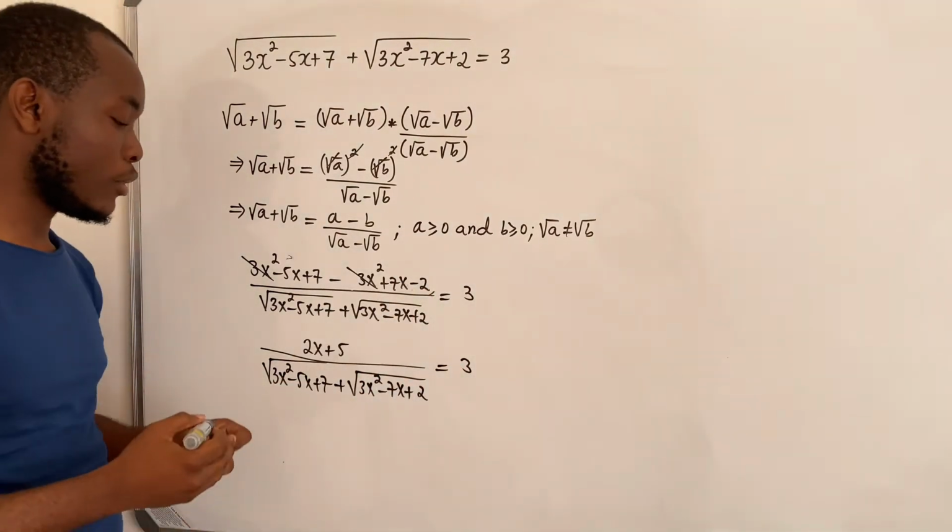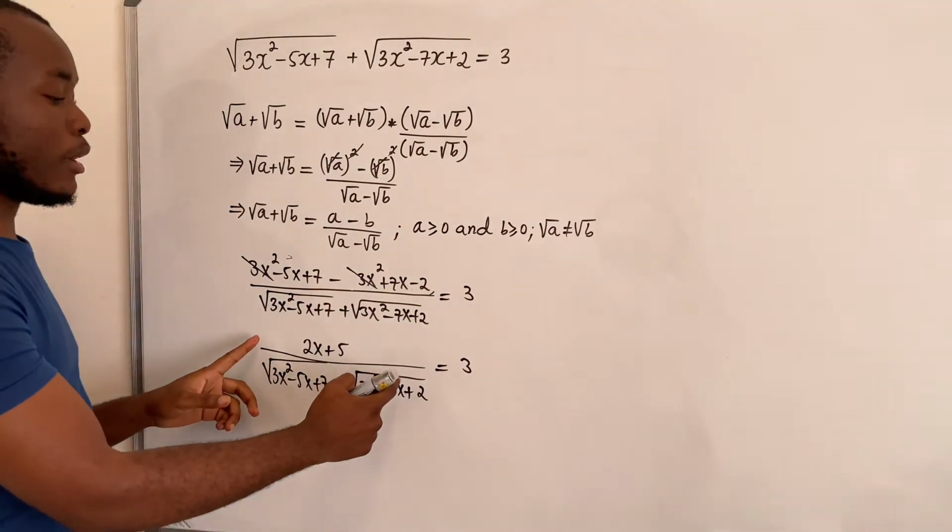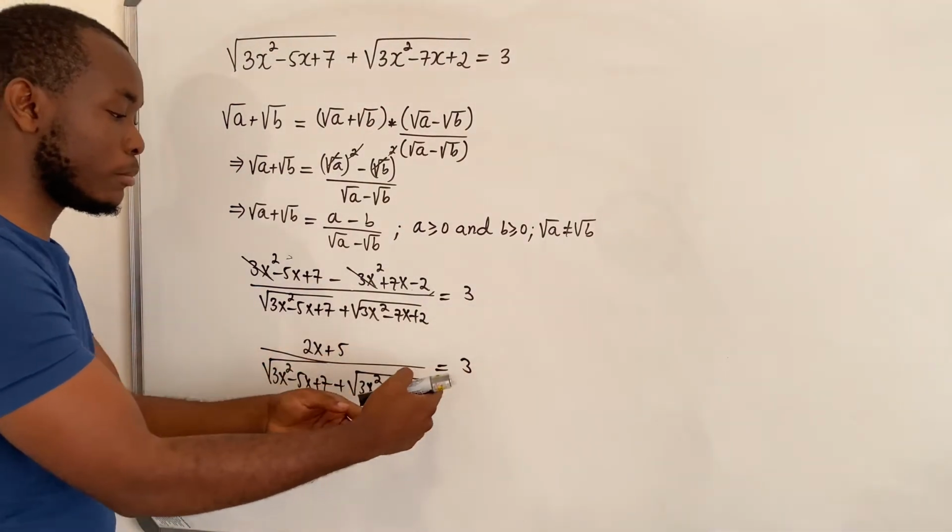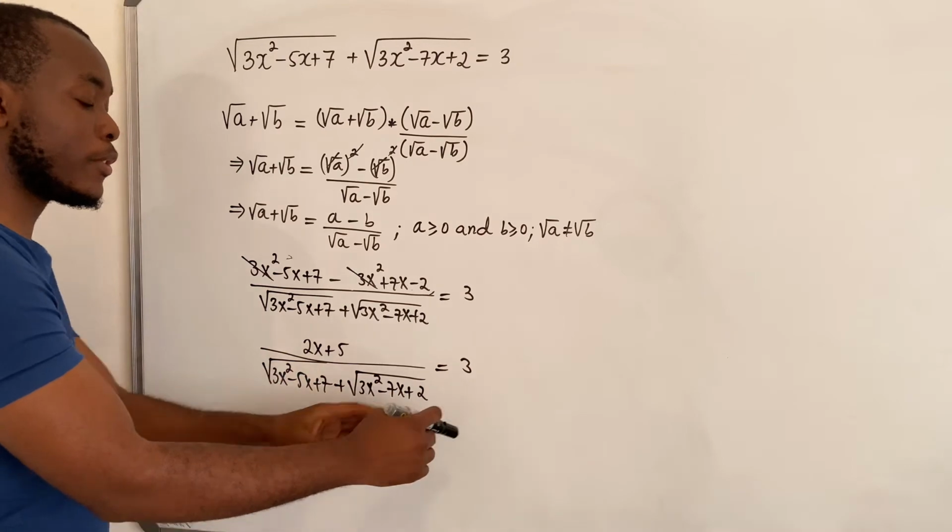So if we apply exponent minus 1 to both sides, we will invert this function and that function.